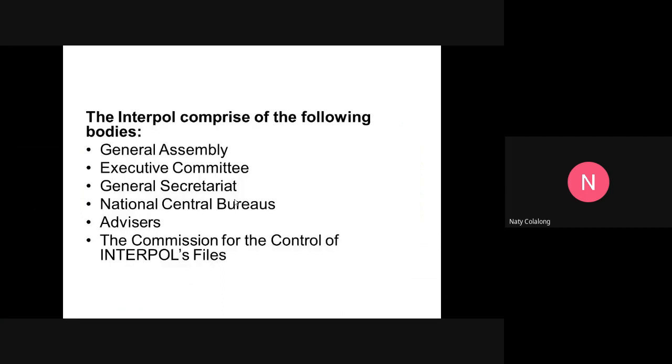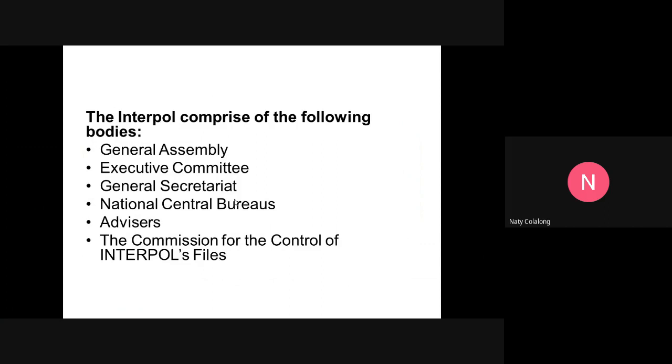Interpol aims to facilitate international police cooperation even when diplomatic relations do not exist between particular countries. Action is taken within the limits of existing laws in different countries and in the spirit of the Universal Declaration of Human Rights. The Interpol comprises the following bodies.